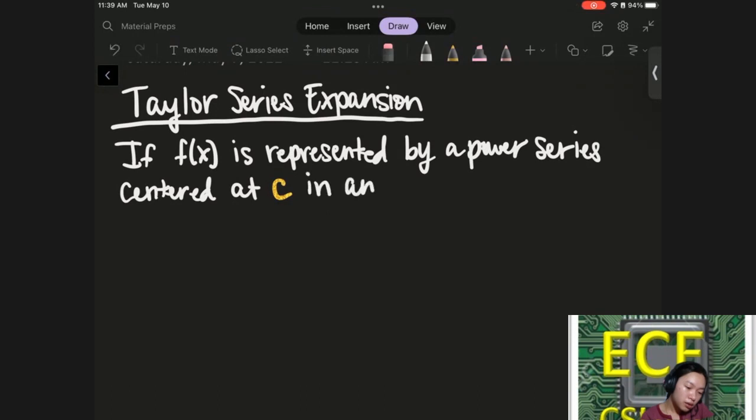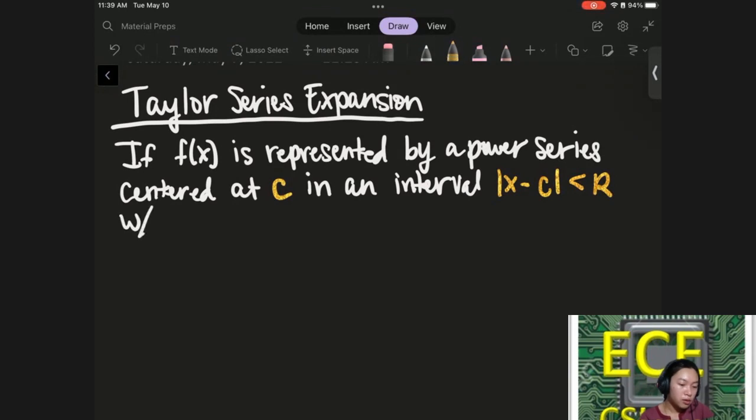In an interval. Okay. |x minus c| is less than R, with R greater than 0. So you have some limitations.